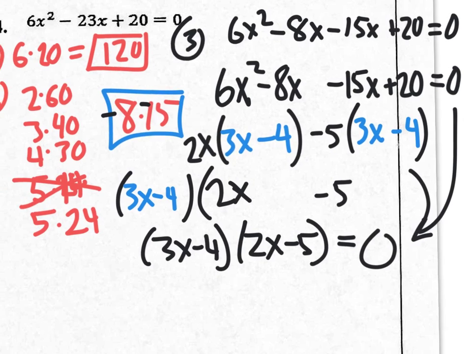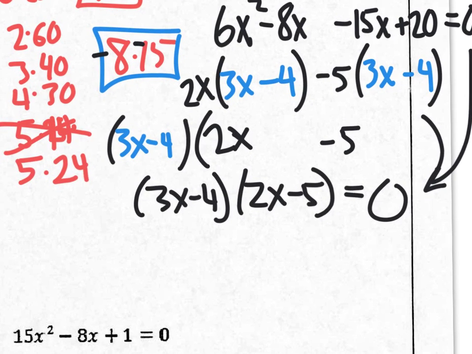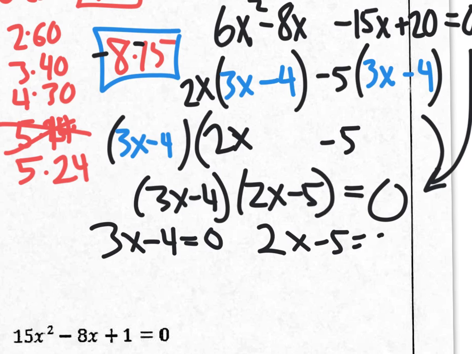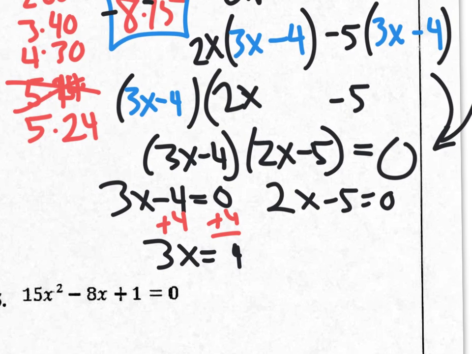Now I'm going to use zero product property to split them and solve. So I'm going to have 3x minus 4 equals 0 and 2x minus 5 equals 0. So I'm going to go plus 4 here, plus 4 there. I'm going to have 3x equals 4, which means that my final answer, since I'm running out of space, I'm just going to jot down my final answer.